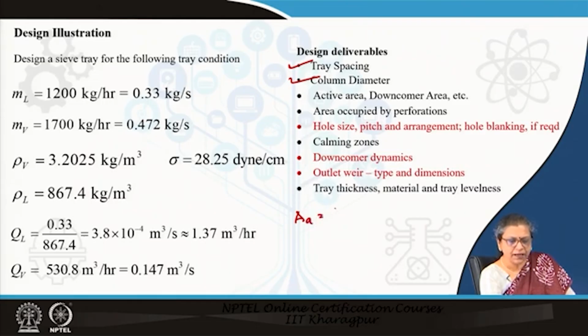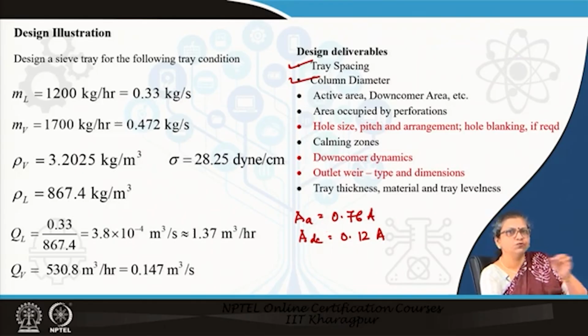Normally the active area AA equals 0.76 of A, then the downcomer area ADC, it was mentioned, is around a tentative value. Now, after the design is formed, we may change these a little depending on convenience, but these are tentative things. And as I had already mentioned, the tray comprises two calming zones, at the inlet of the liquid and at the exit of the liquid, and the remaining area comprises the active area.